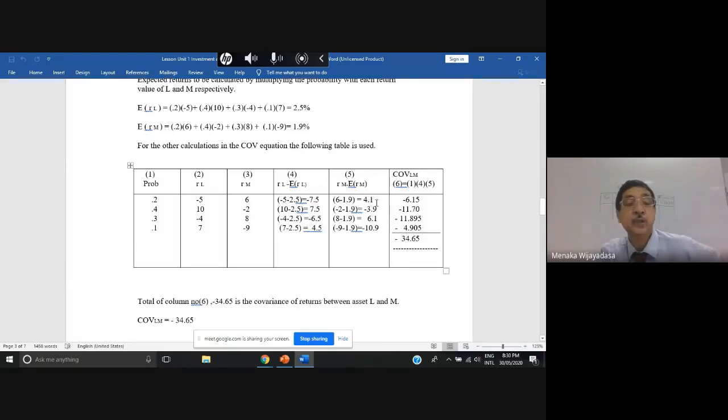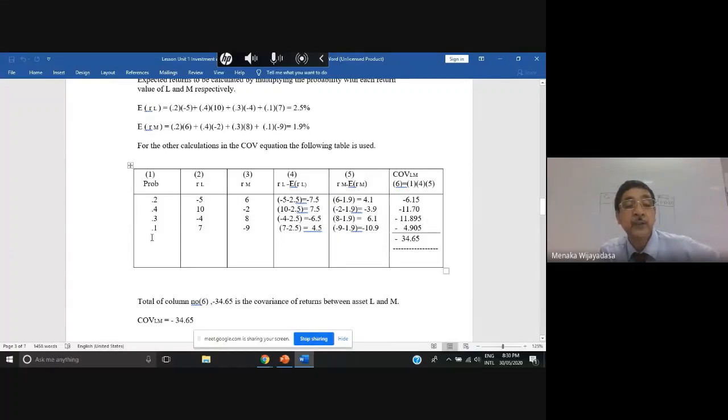6.15. Then the next one, the probability 0.4, 0.4 into 7.5 into minus 3.9, that would come as minus 11.70. Then in the third row, you get 0.3 into minus 6.5 into 6.1, that is minus 11.895.